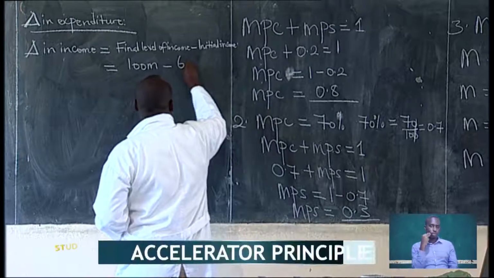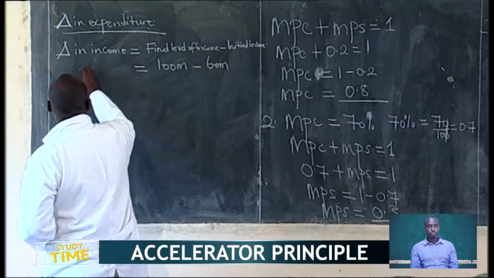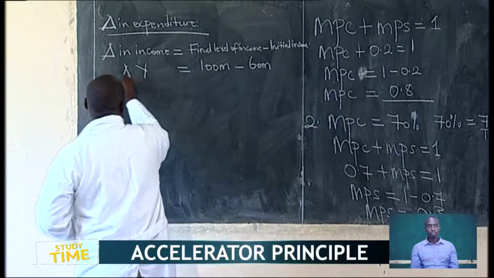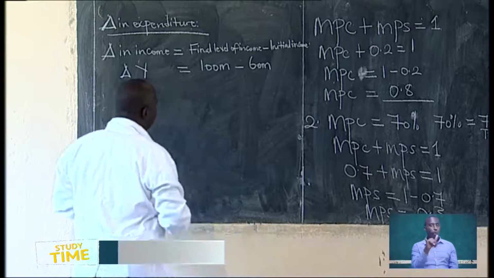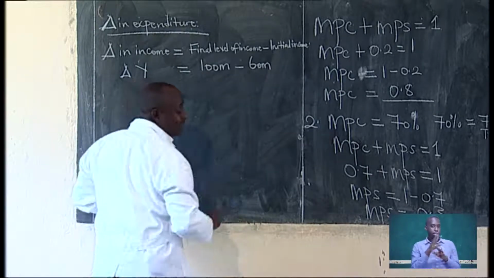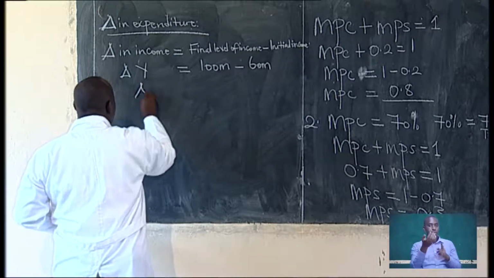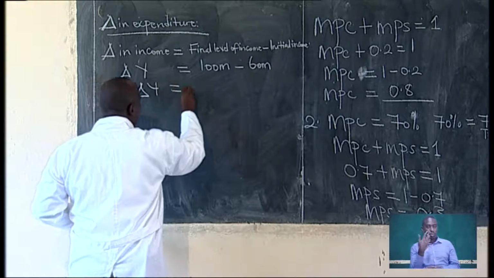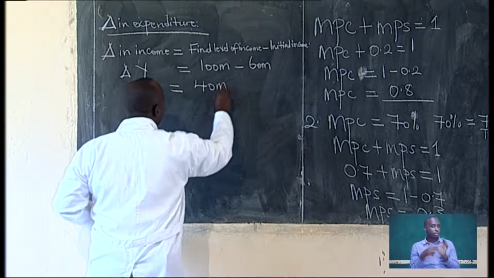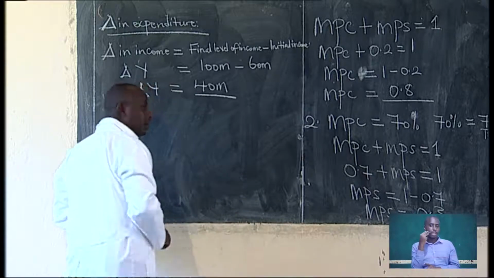Y stands for income. If you get 100 million minus 60 million, you will get 40 million. Our change in income is 40 million.